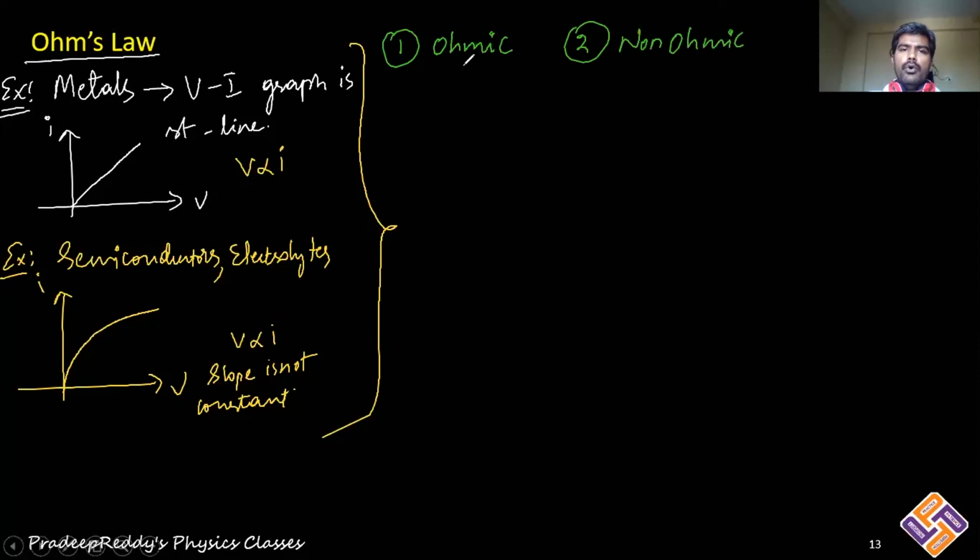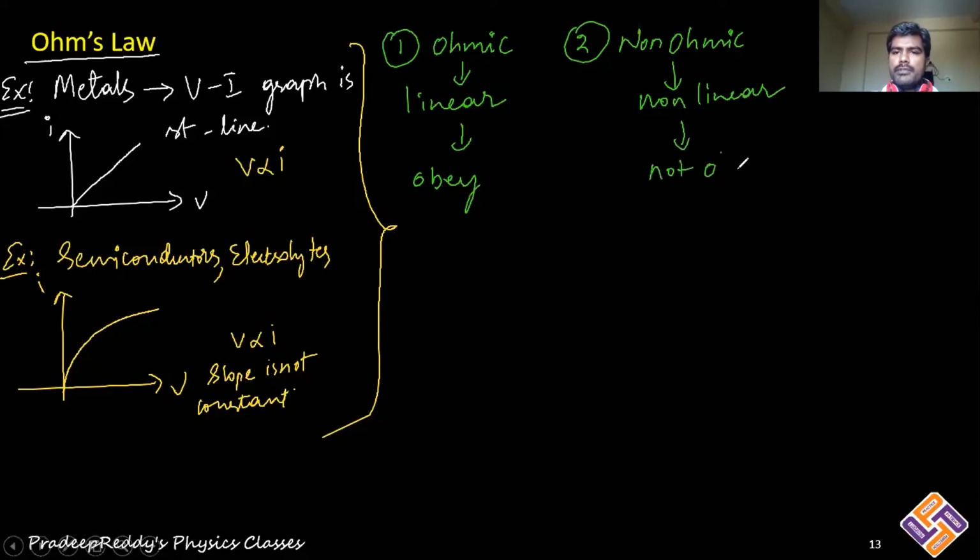Ohmic conductors are also called linear conductors. Non-ohmic conductors are also called non-linear. Right? So those materials which obey Ohm's law are called ohmic conductors. Those materials which do not obey Ohm's law are called non-ohmic conductors.